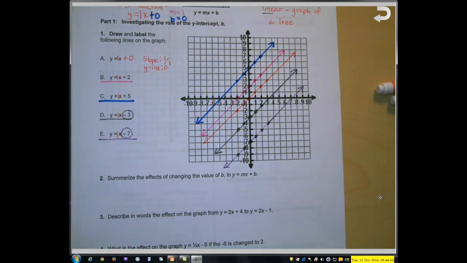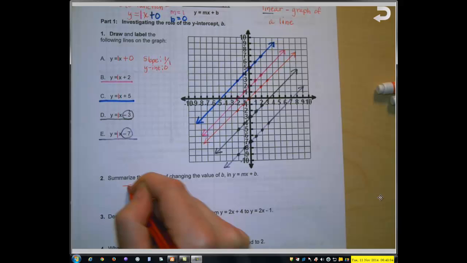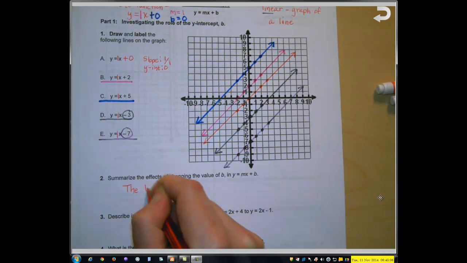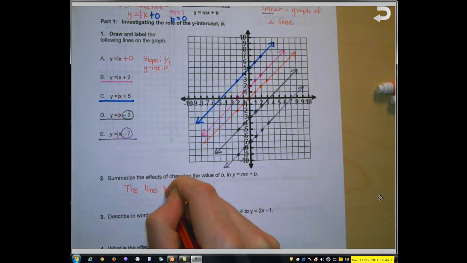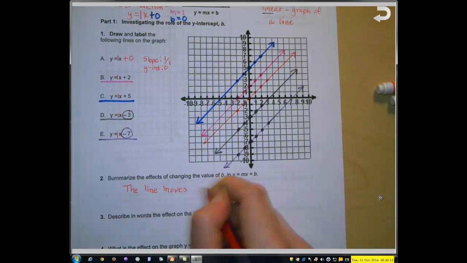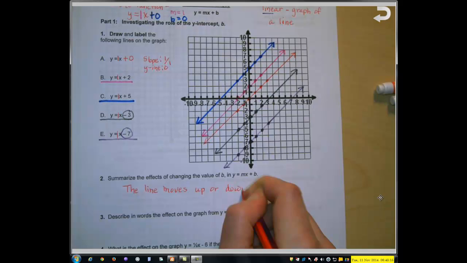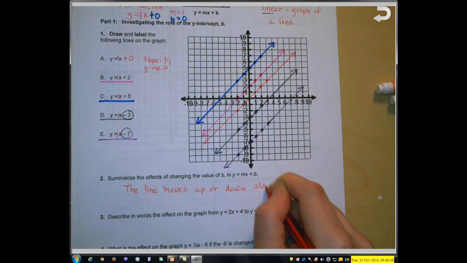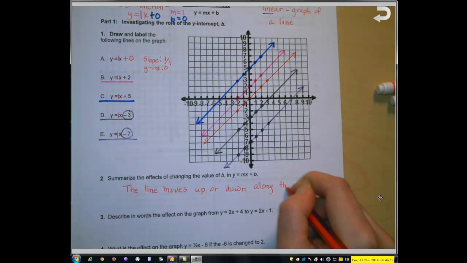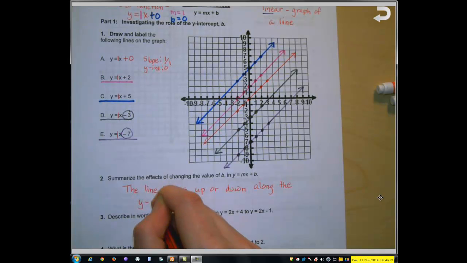So the effect of changing the y-intercept is to move the line up or down along the y-axis. So we can just say that the line moves up or down along the y-axis.